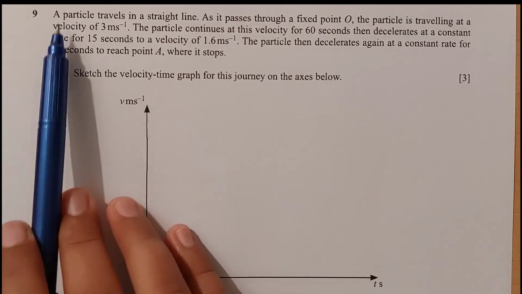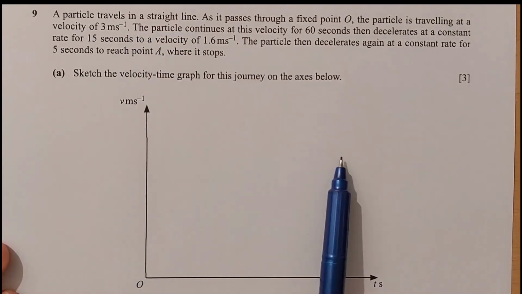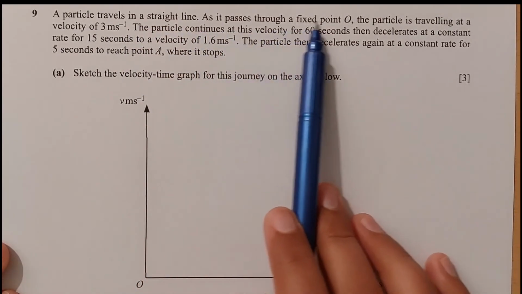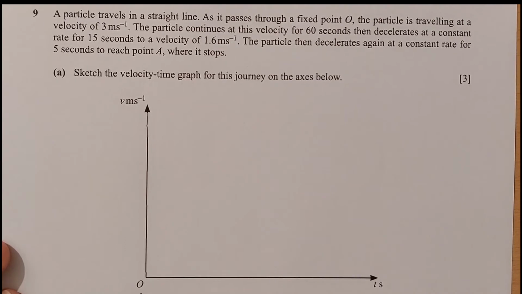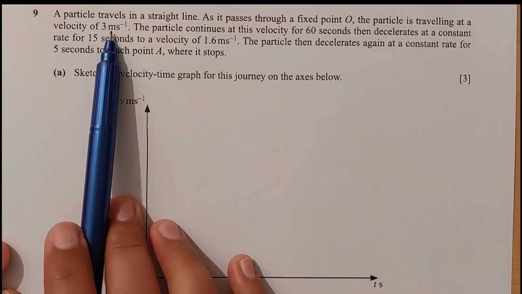Okay. So the particle travels in a straight line as it passes through a fixed point O. So this is a fixed point O. The particle is traveling at a velocity of 3 meter per second.